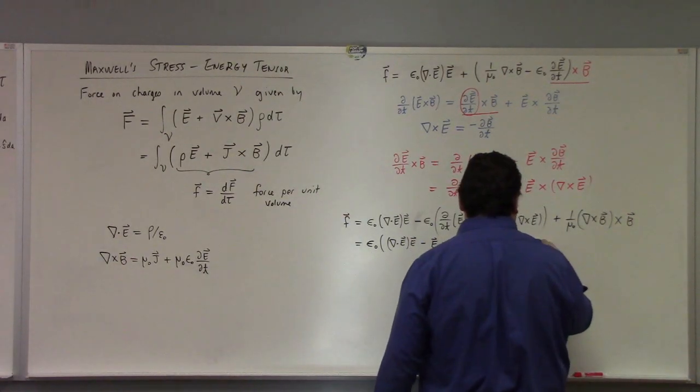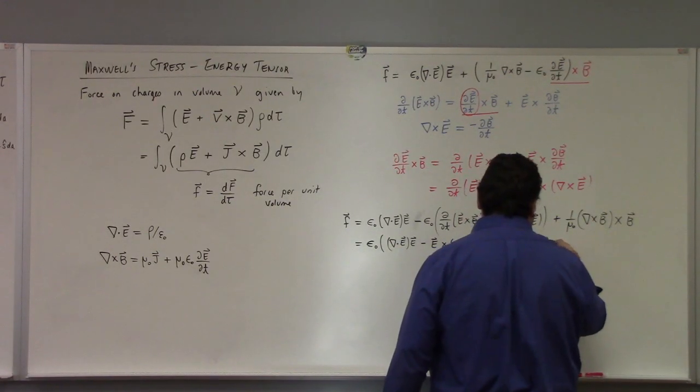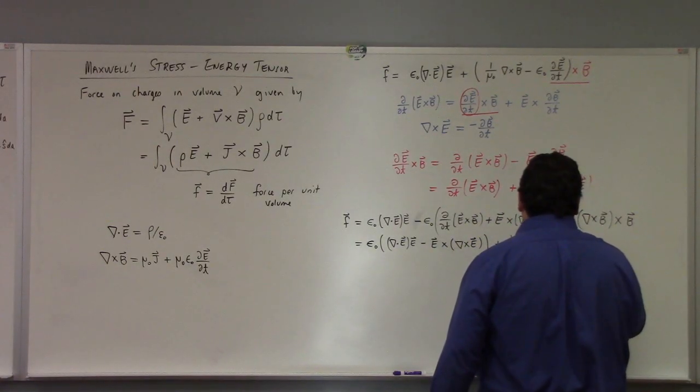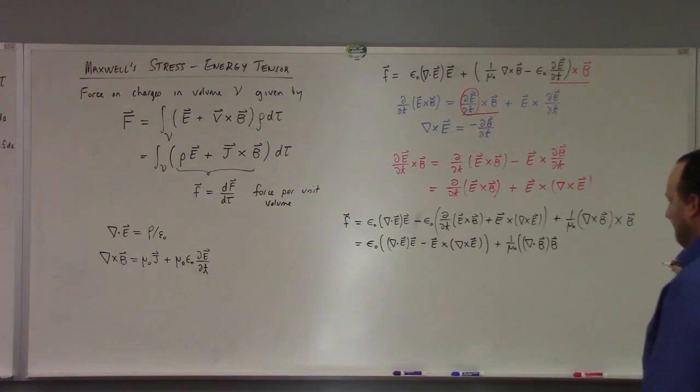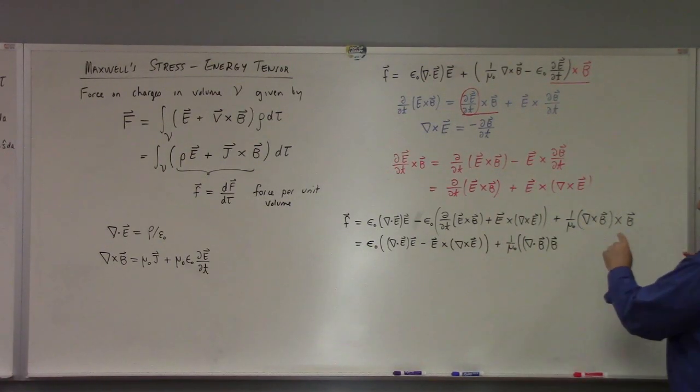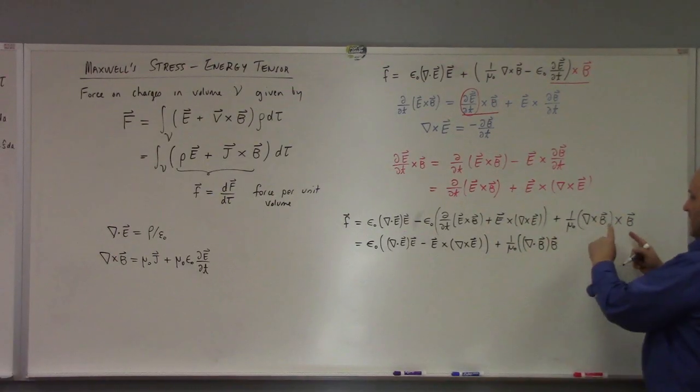let's use all of our Maxwell's equations. So the divergence of B times B. Notice that, see the way these are?